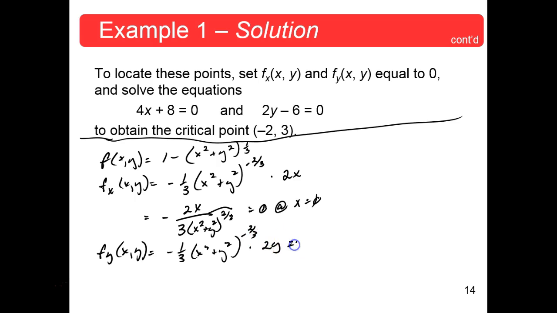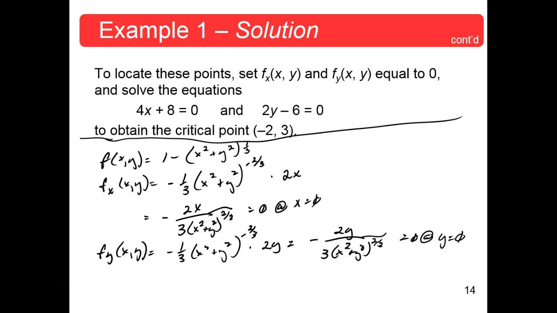And again, putting that in perspective here, that would be a negative 2y over 3 times x squared plus y squared to the 2/3. And where is that equal to 0? That's equal to 0 at y equals 0. So it looks like x equals 0, y equals 0 is your critical point, okay?